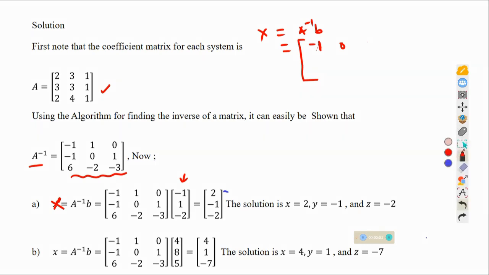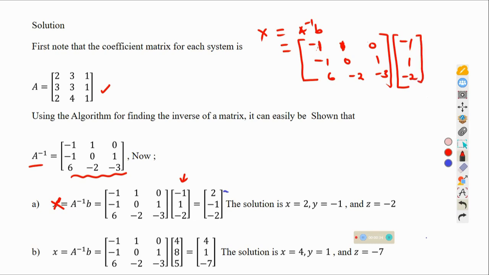Clearly, we have seen our A inverse as negative 1, 1, 0, negative 1, 0, 1, 6, negative 2, and negative 3. So you have X equaling A inverse times B. Our B, we have seen, is negative 1, 1, and negative 2.